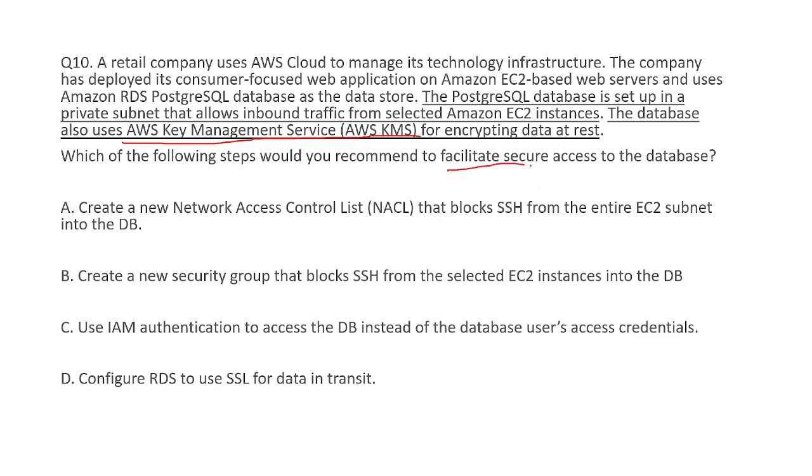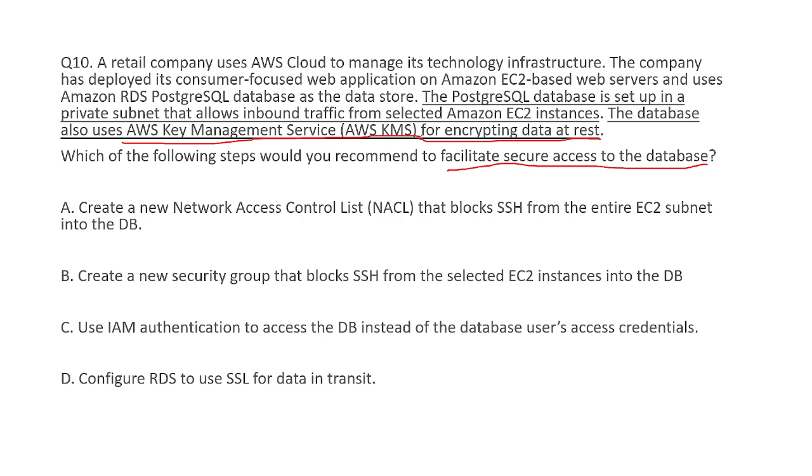We have to find the option which gives secure access to the database. So guys, below are the options. They did not mention how many answers we have to choose. We'll see. The first option is to create a new NACL.